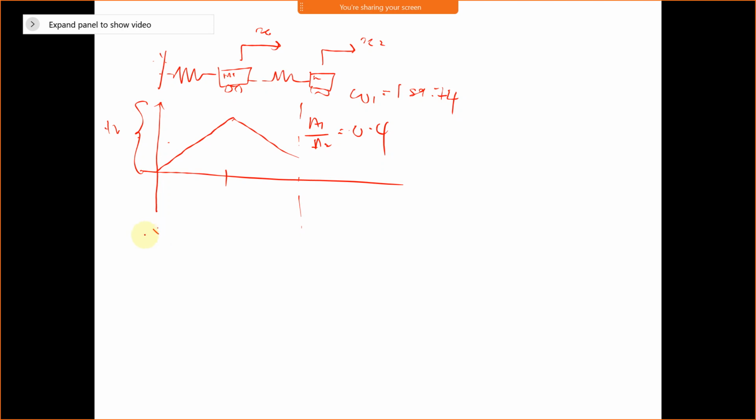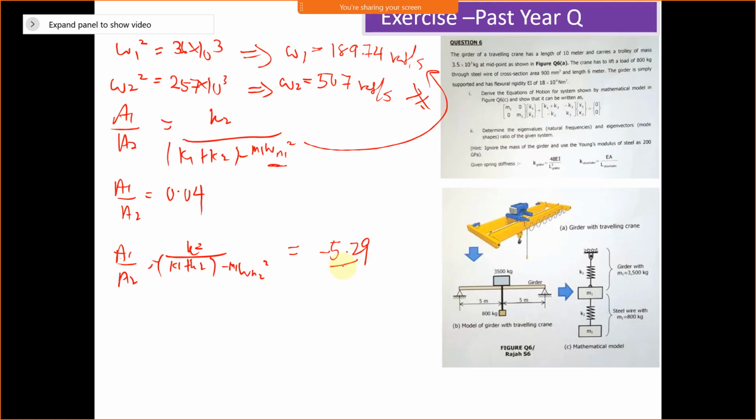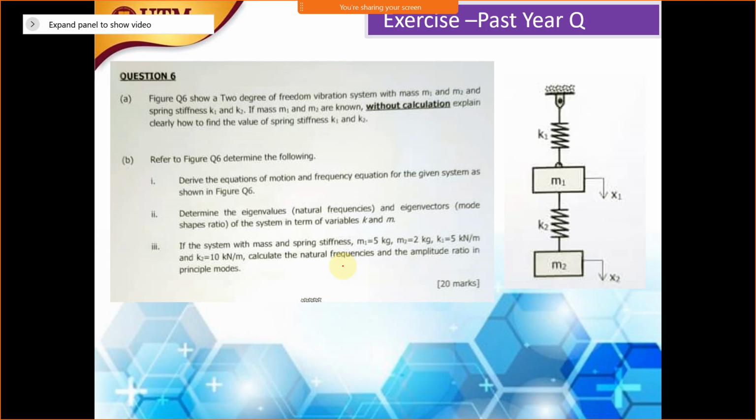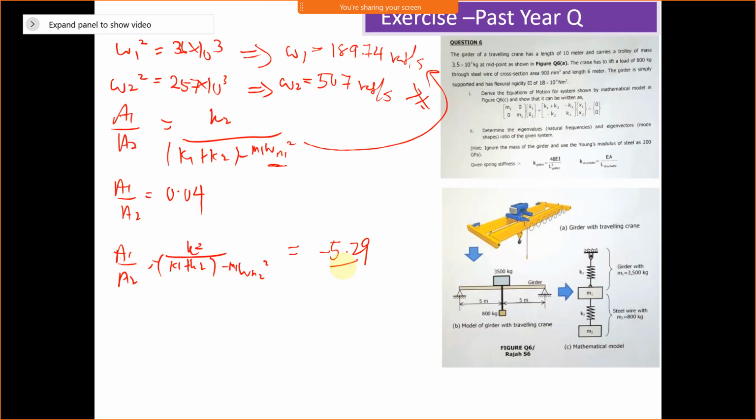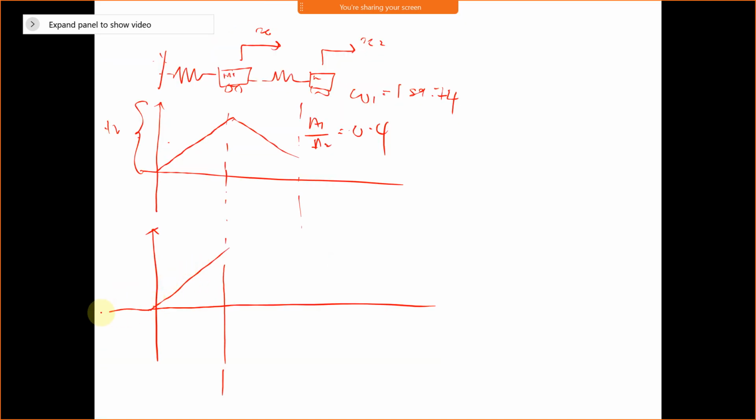But kalau untuk second mode shape, let's say we have positive dulu, dia naik sampai satu tahap, then ratio-nya adalah negative. We get negative here, negative 5.29. So meaning to say that our mode shape will be out of phase.